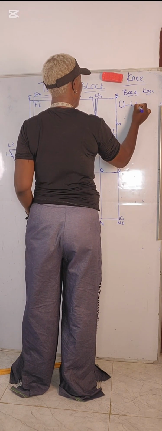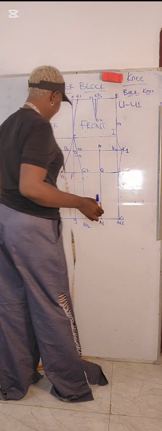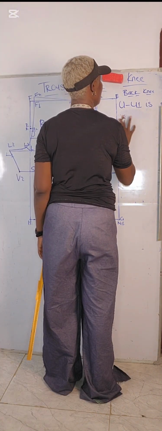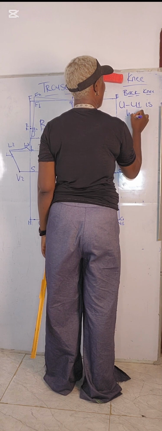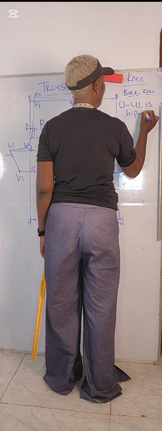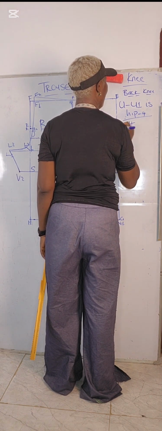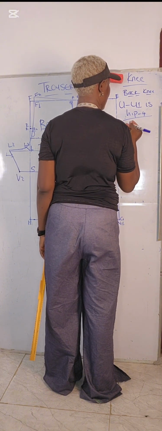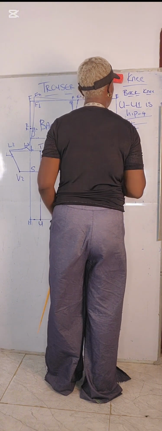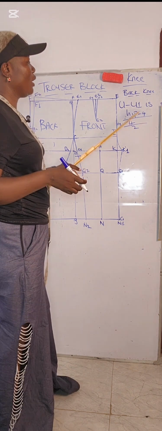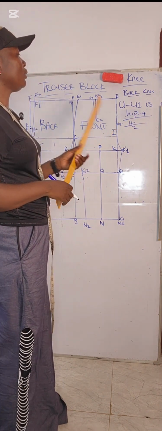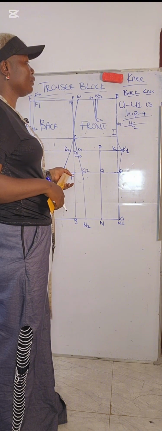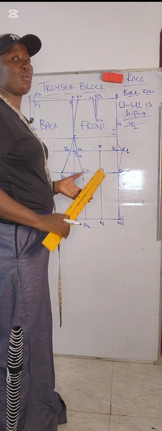U to U1, my U is here. U to U1 is our hip minus 4 divided by 4 divided by 2.